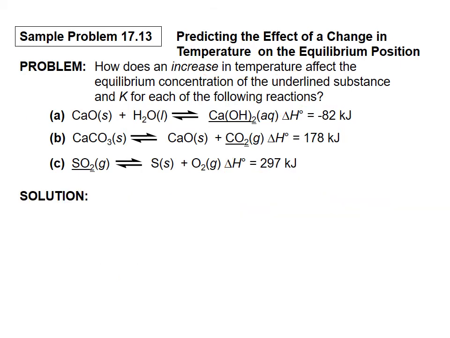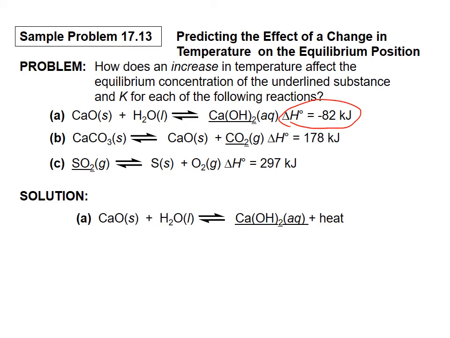Let's look at reaction A. Because delta H is negative, that means it's an exothermic reaction. The reaction releases heat, and therefore heat should be treated as a product. When you increase temperature, you add heat to the system, and the reaction favors endothermic, which is the reverse reaction.